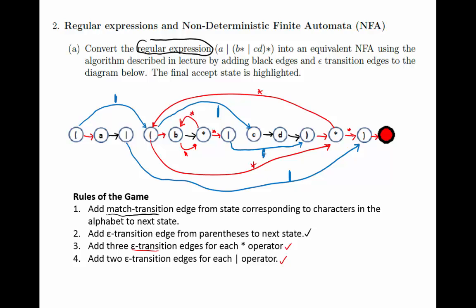So this is the next one for that. So those are the 2 epsilon transitions that you can take as a result of having the O operator. So this completes the machine. It's a directed graph, and it can be implemented as such if you really want to implement this NFA. All right, so that concludes that part.